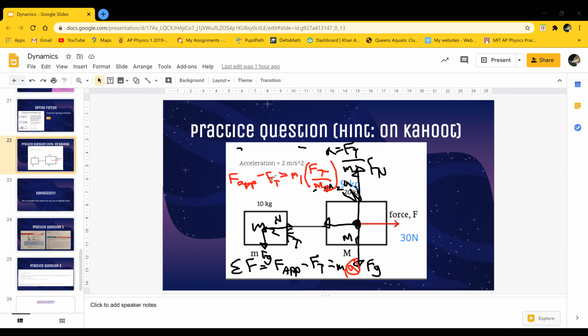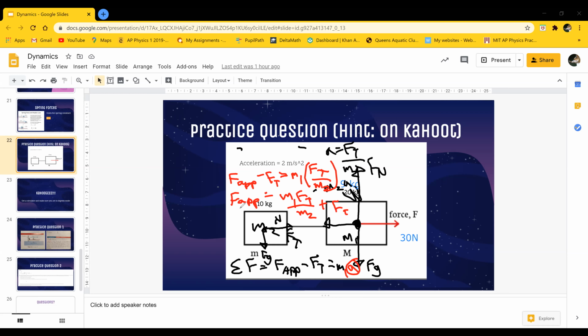So we don't know Ft, but we do know m1, m2, and F applied. So what we could do is basically isolate Ft. You would add Ft to both sides, so you get F applied equals m1 Ft over m2 plus Ft. Now what you could do is factor out Ft.